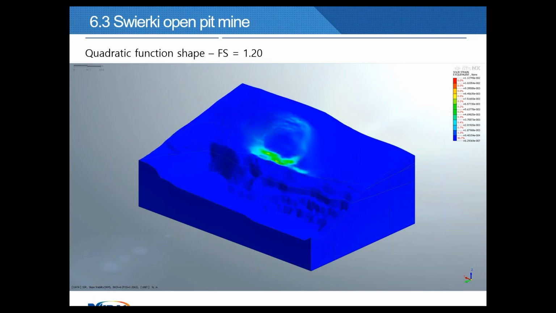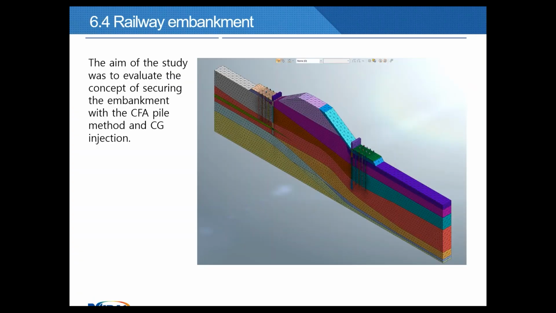And also the map of solid strain equivalent. Okay, and at the end, some example of railway embankment. This was located on very poor soil, so there were some problems with stability, and the aim of the study was to evaluate the concept of securing the embankment with the CFA piles here, and CG injection in this part.